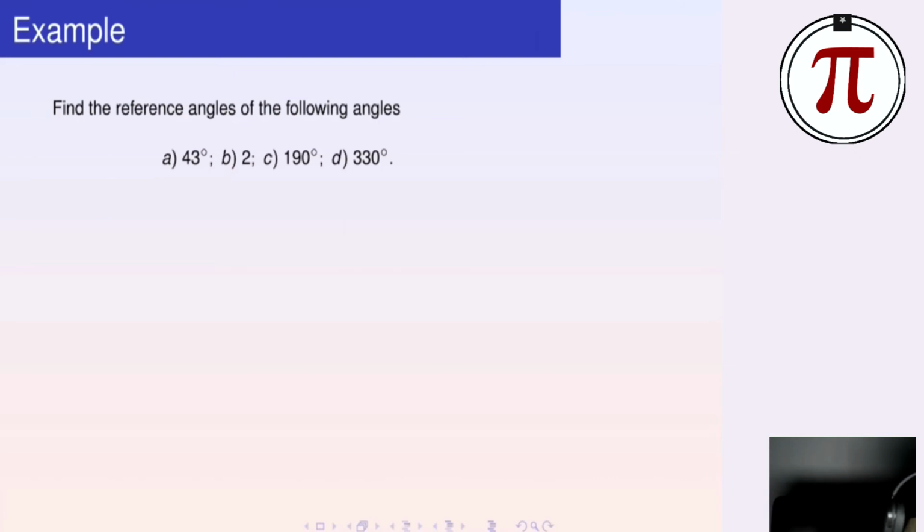Okay, so let's do this one together. Okay, A. Now 43 degrees. Which quadrant is it in? The first one, right? So 43 is in the first quadrant.